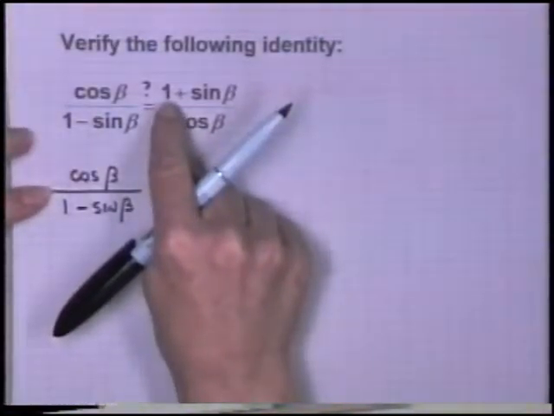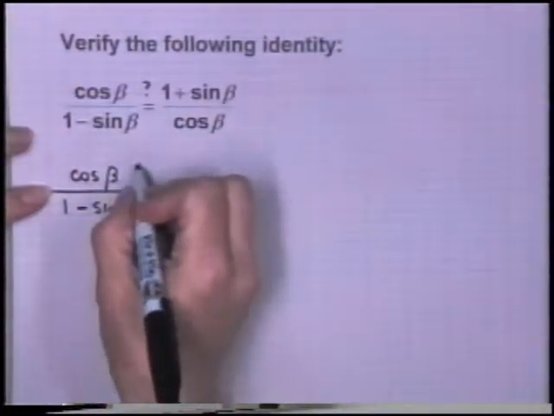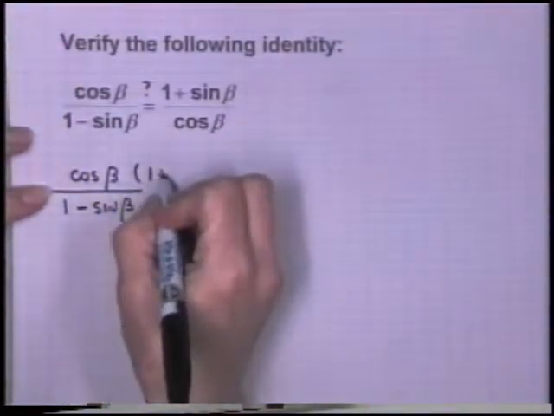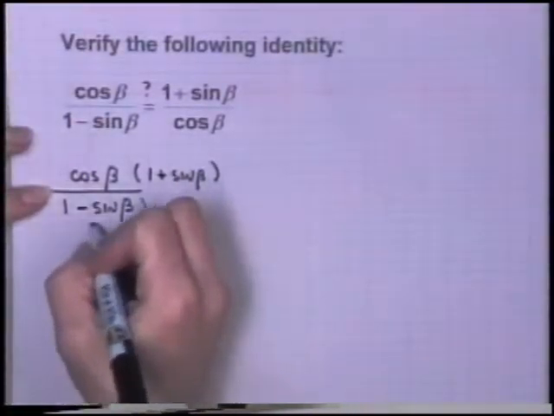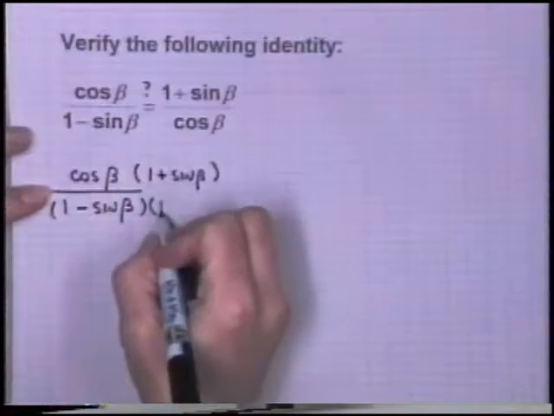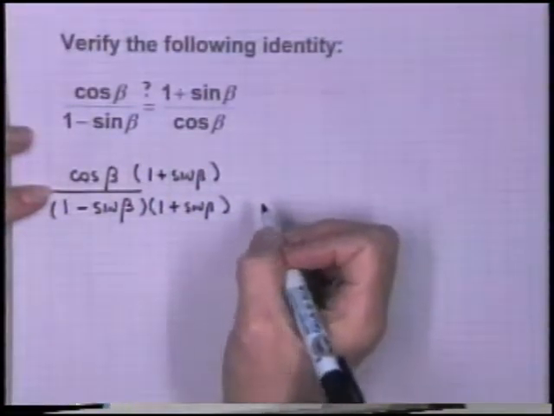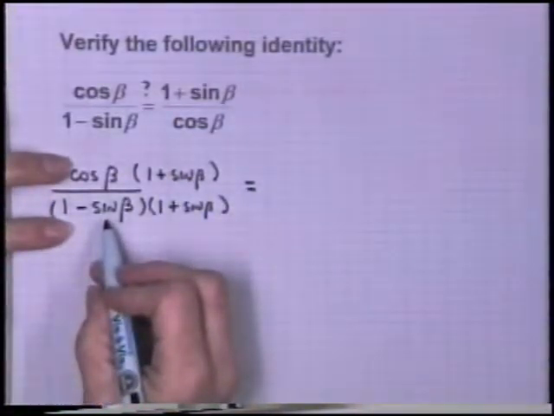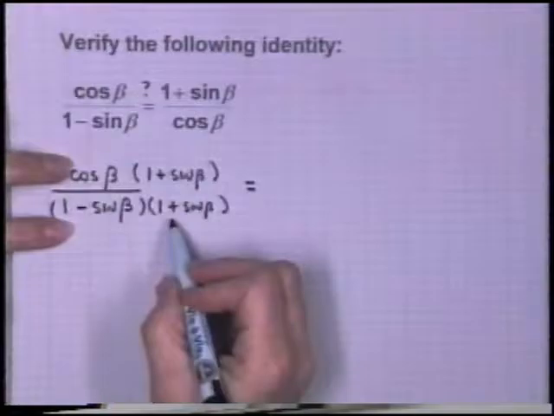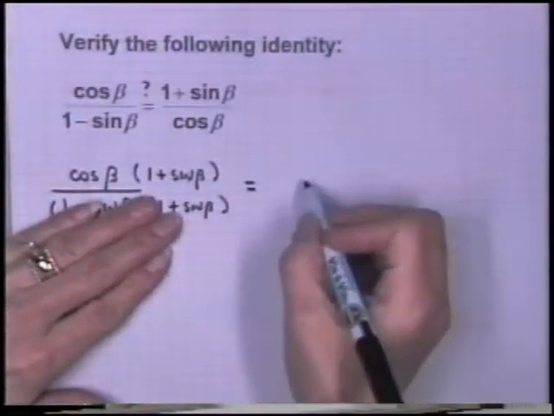So as I look at this, if I want to have a 1 plus sine beta in the numerator, well, I can get it there by simply multiplying this numerator by 1 plus sine beta. But if I multiply the numerator by that, I also have to multiply the denominator by that to produce my equivalent fraction. So we're going to take this original fraction and multiply the numerator and denominator by the same thing, which is legal.